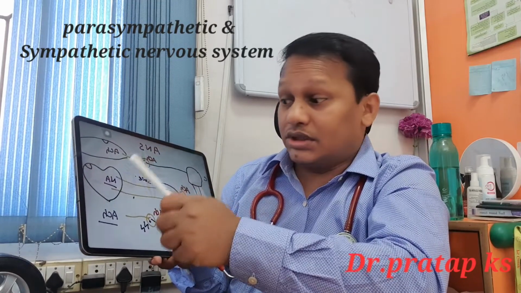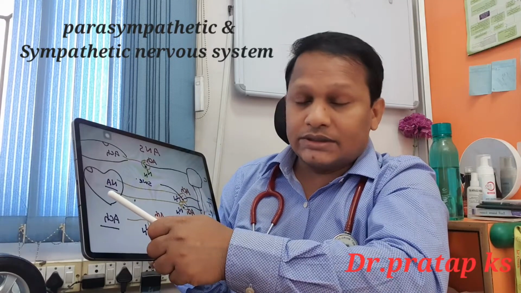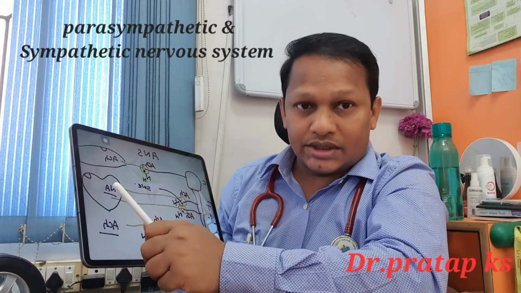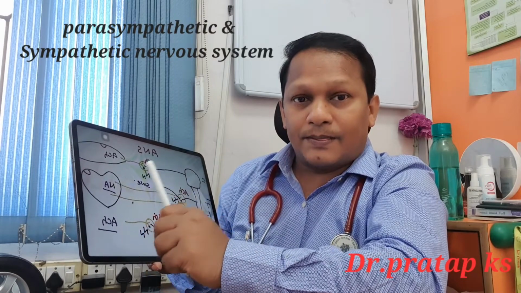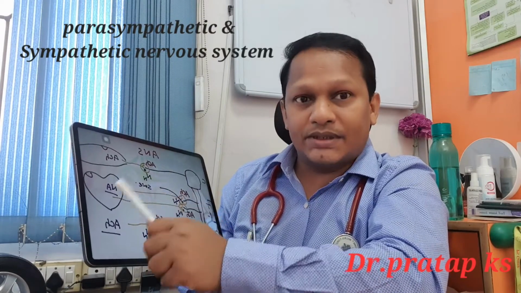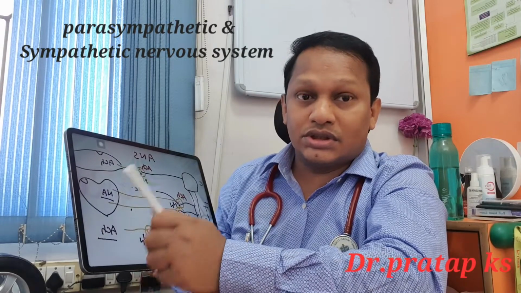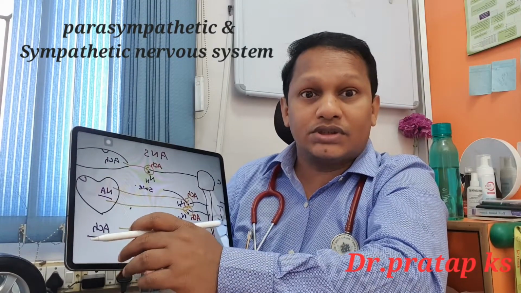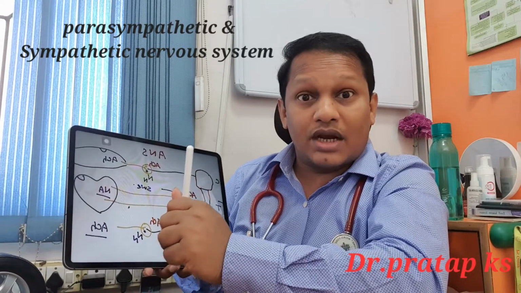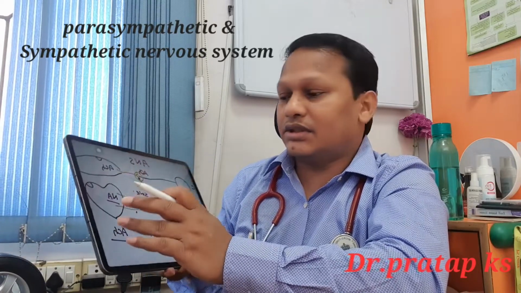But in sympathetic, it is noradrenaline. The exception is the sweat gland, which is in fact innervated by the sympathetic, but it has neuromuscular junctions with acetylcholine. That is the basic structural and receptor mechanism of the parasympathetic and sympathetic.